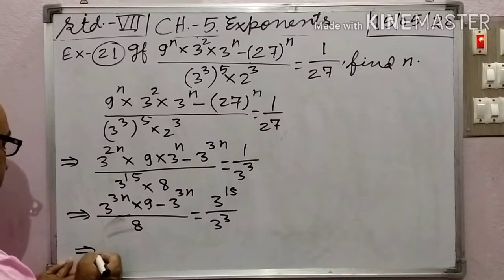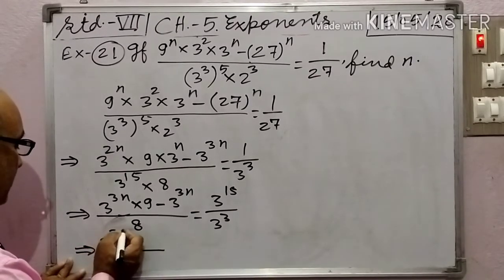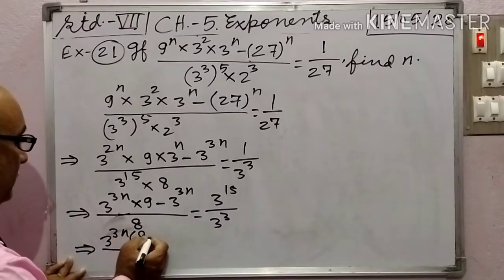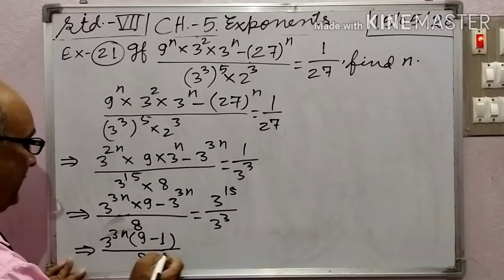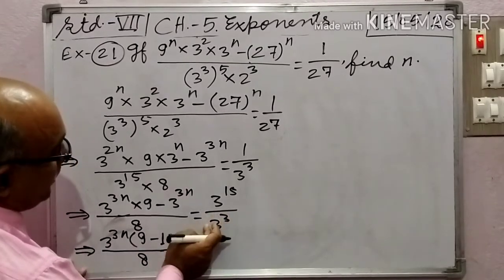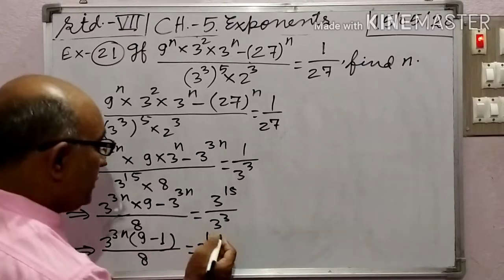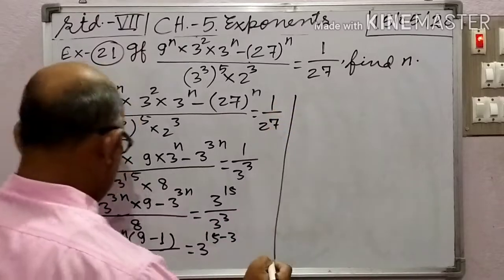Now next step, have common 3 to the power 3n, 9 minus 1, divided by 8 equals 3 to the power 15 divided by 3 to the power 3, so 3 to the power 15 minus 3.